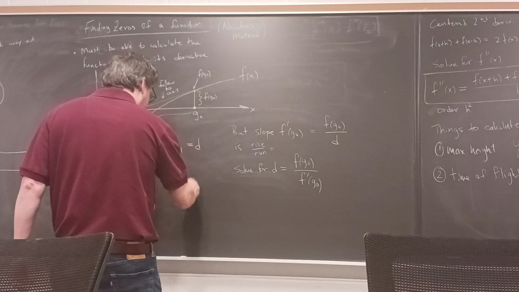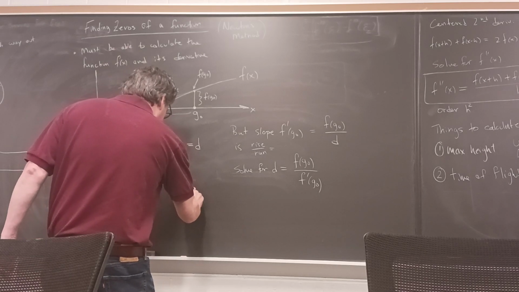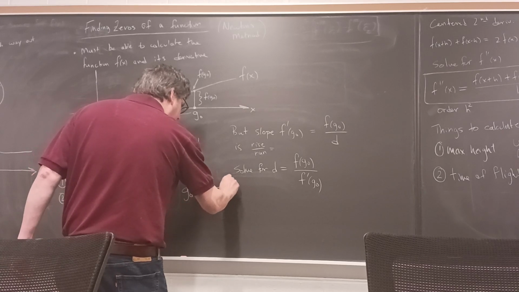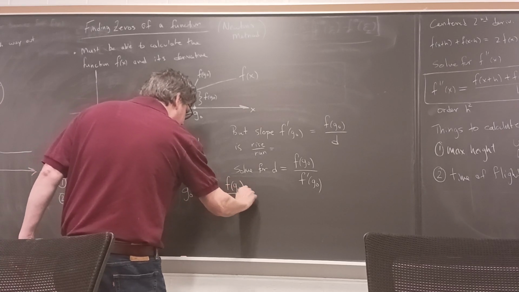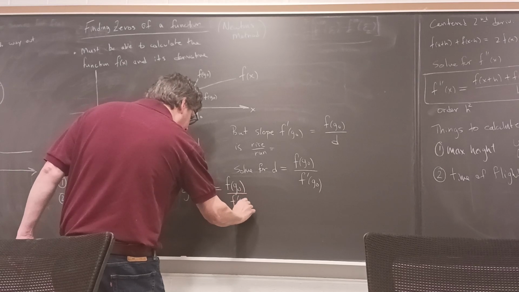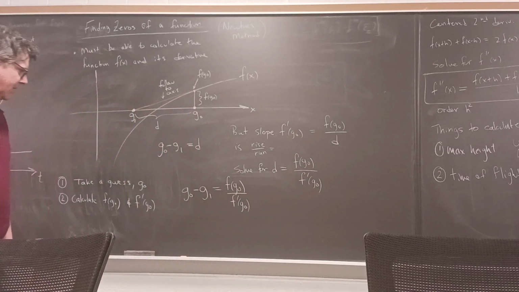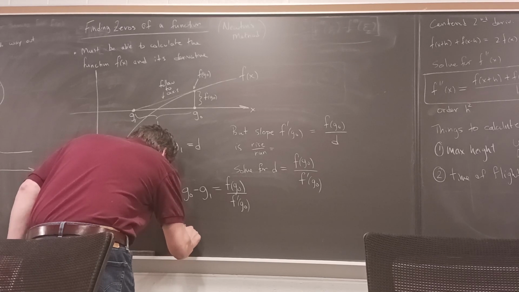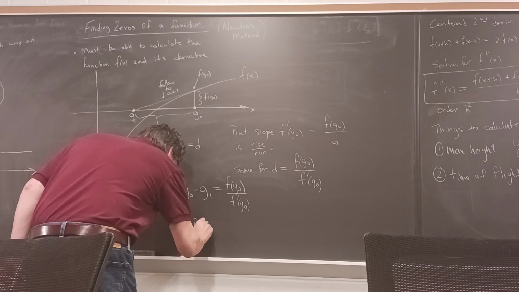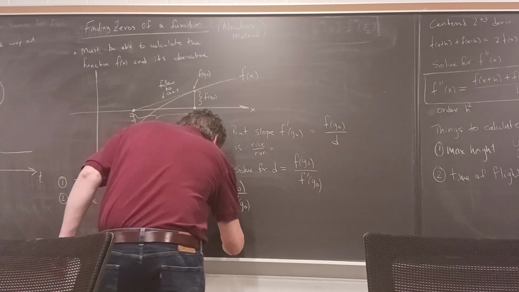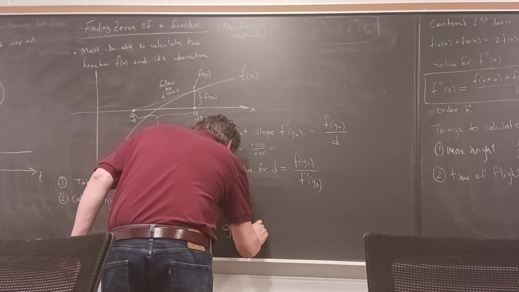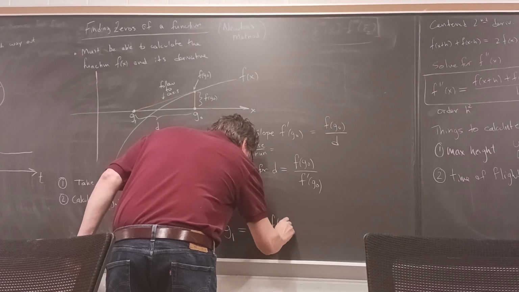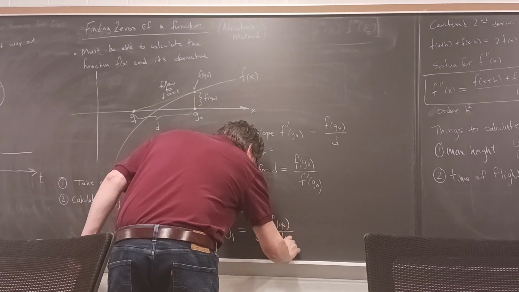Then we plug that in, and we get G0 minus G1 is equal to f of G0 over f prime of G0, and then just solve for G1. So G1 is equal to G0 minus f of G0 over f prime of G0.